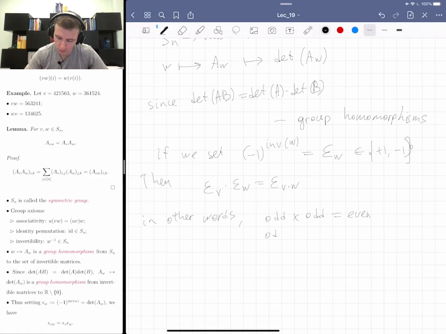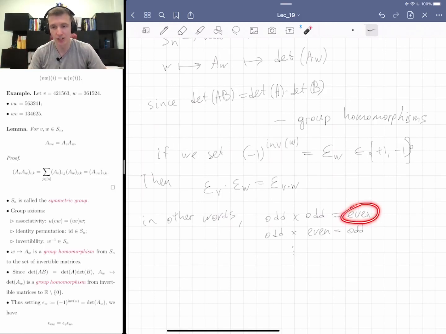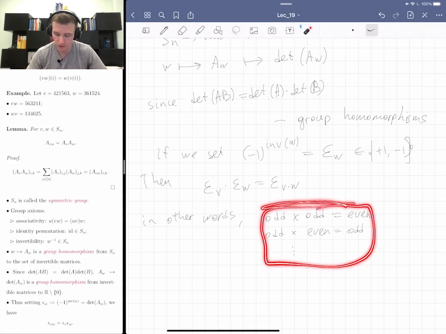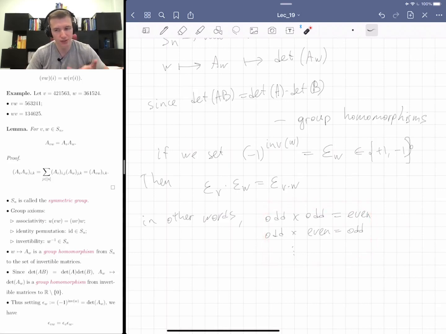If you multiply odd by even, you get odd, and so on. So if you know the parities of both permutations, you know the parity of the resulting permutation, which, if you try to explain from the original definition using inversions, is completely unclear.